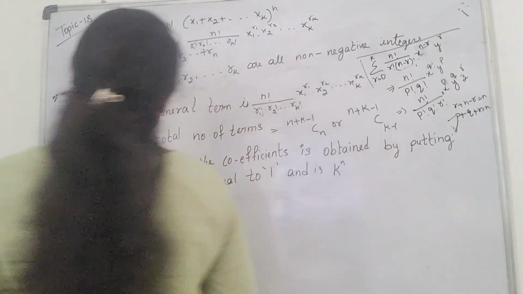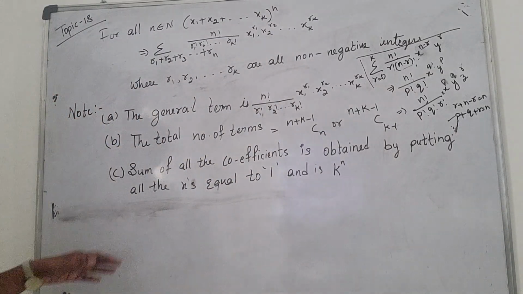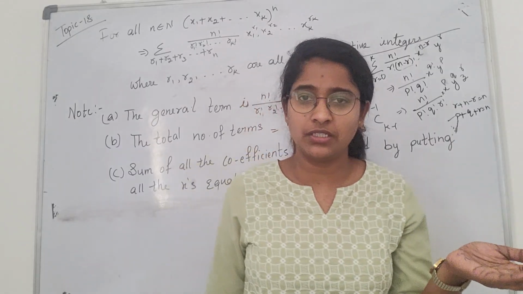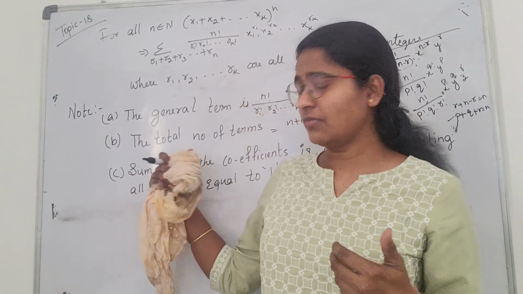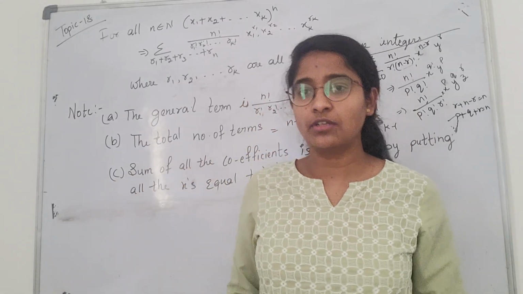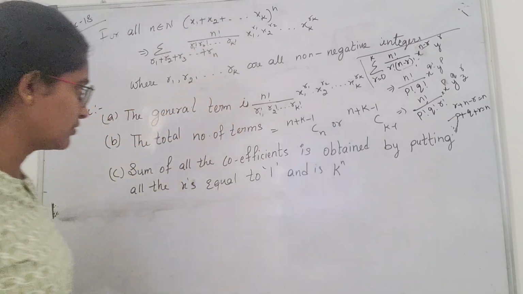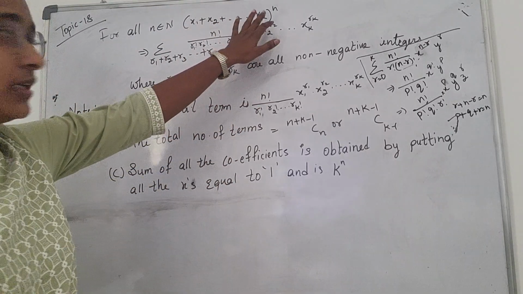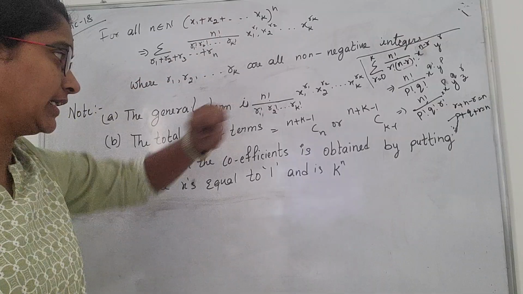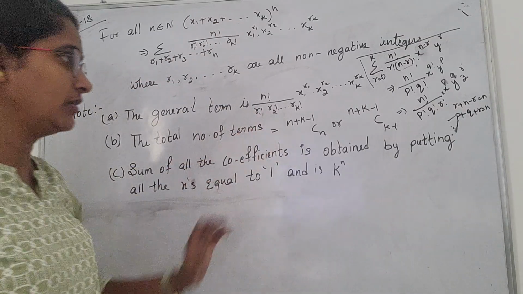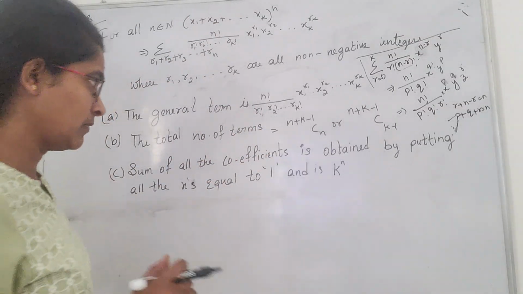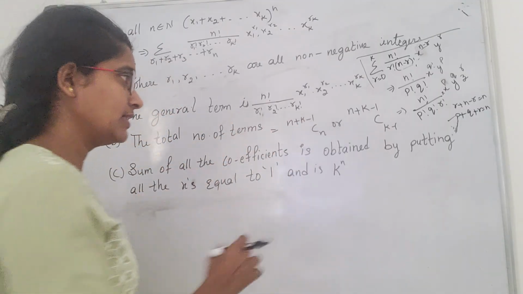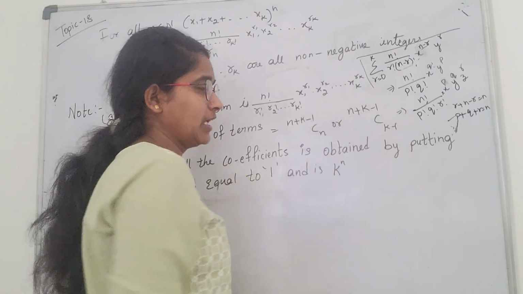So the same way, still now what we are focusing on is the coefficients of the term, and the number of the terms. So here also, how many kinds of terms you will be getting, the total you can find easily by this formula: (n plus k minus 1) C n, or else (n plus k minus 1) C (k minus 1).